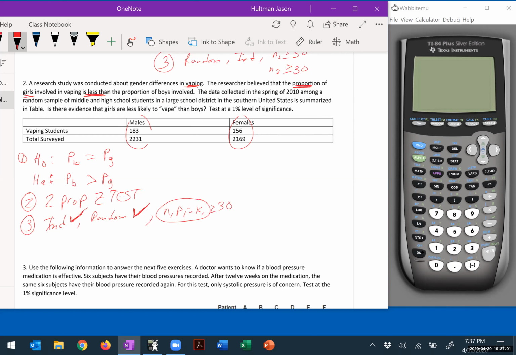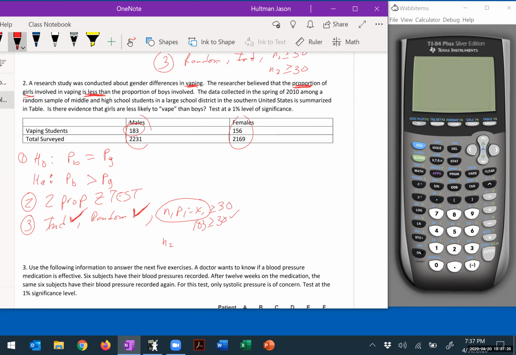Yes, x1 is the number of boys vaping in the group of boys, which is 183. So 183 is greater than or equal to 30, so that checks.